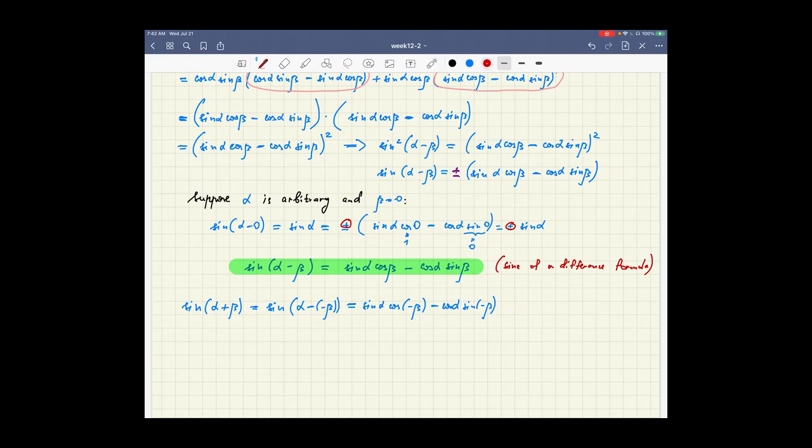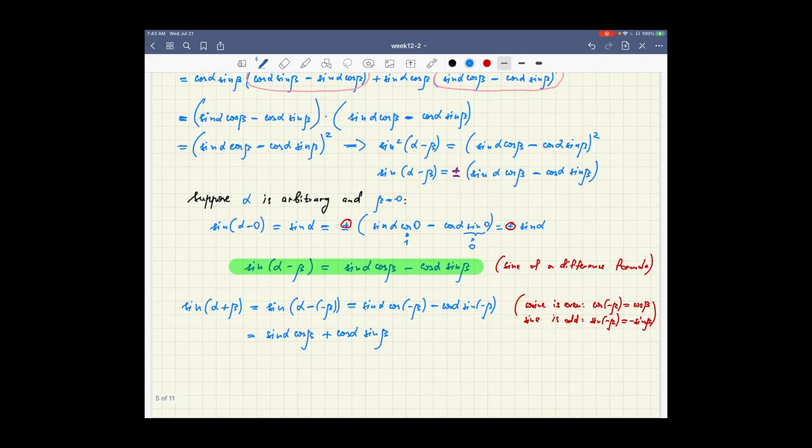Now, using the fact that cosine is even, and so cosine of negative beta is simply cosine beta, and sine is odd, so sine of negative beta simply is negative sine beta, our formula becomes sine alpha cosine beta plus cosine alpha sine beta.